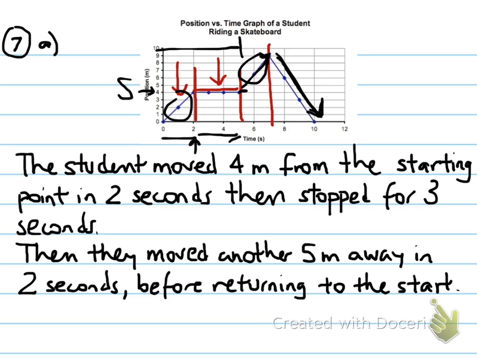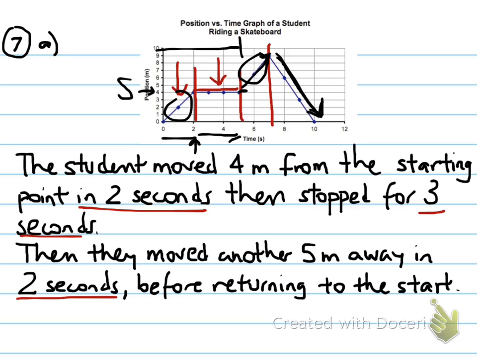Okay. Now, if you on the test were to miss out on, say, they took 2 seconds to do this, and then they did this for 3 seconds, and then it was 2 seconds here, and then how long it took them to get back to the start, that's not critical in this case.